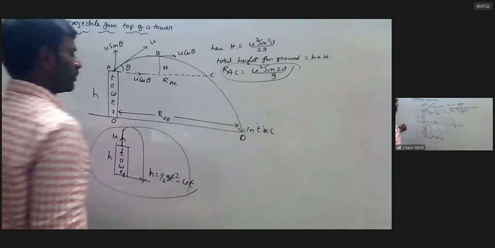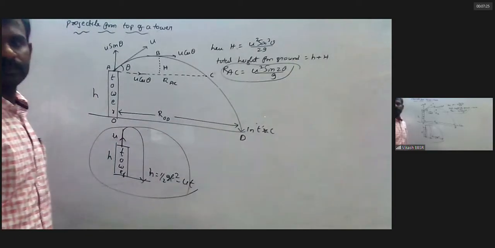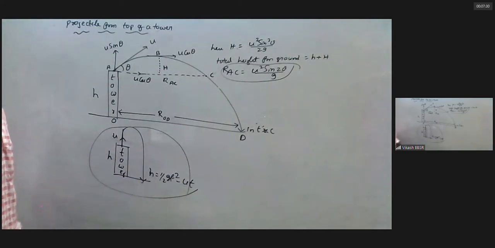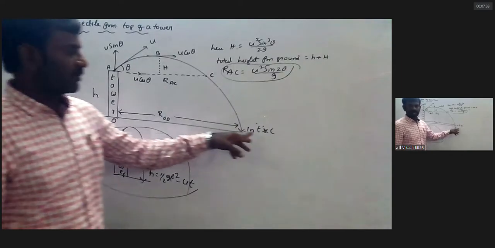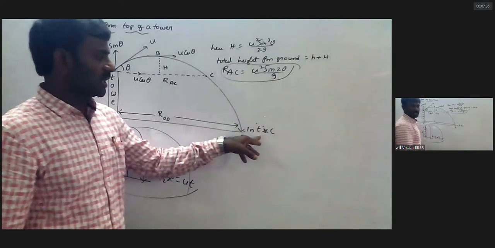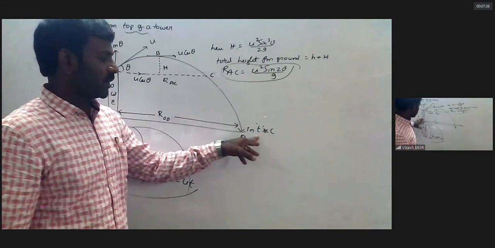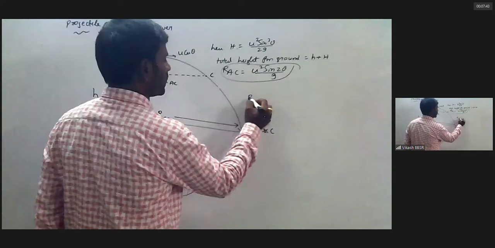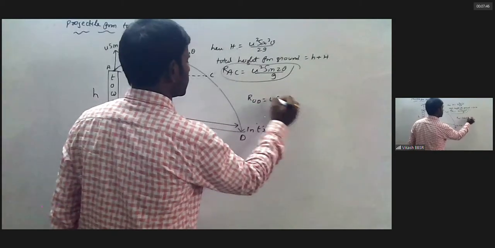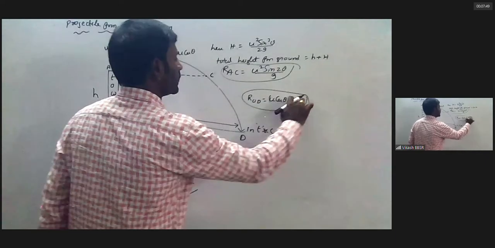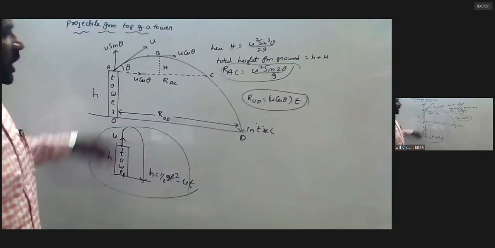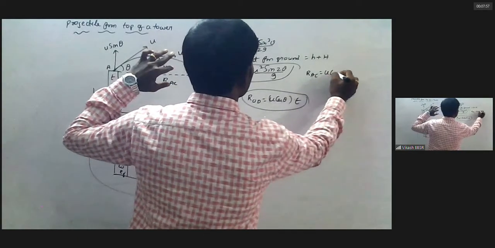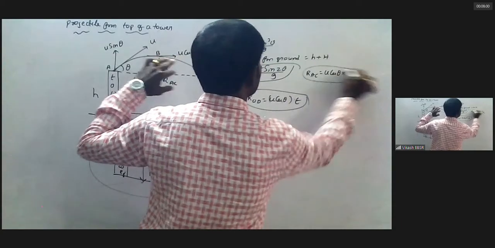What is ROD? How do you calculate ROD? It takes 3 seconds to reach the point D. ROD means this horizontal distance, which I write as U cos theta into small t. But suppose I want RAC, it is equal to U cos theta into TAC only.